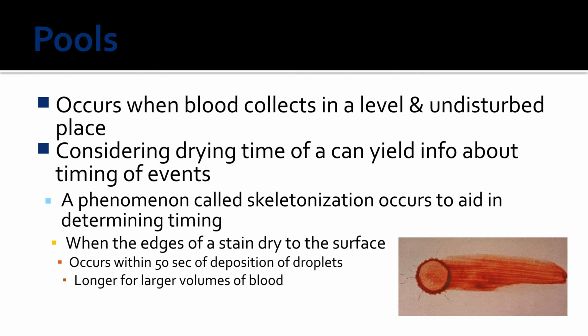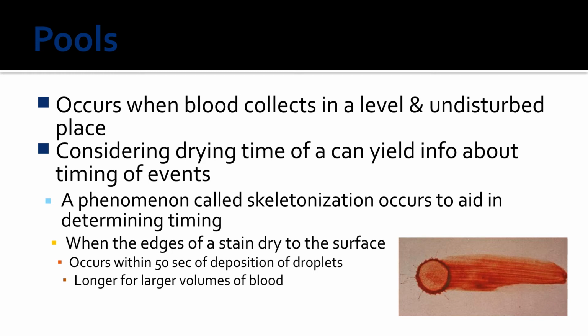Also, when looking at pool patterns, blood that pools on an absorbent surface may be absorbed throughout the surface and diffuse, creating a pattern that's much larger than the original pool. So investigators need to take that into account as well. A phenomenon known as skeletonization occurs, and this aids in determining the time. This is when the edges of the stain dry to the surface, which can occur within 50 seconds of deposition of the droplets.